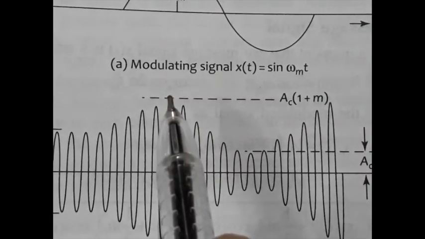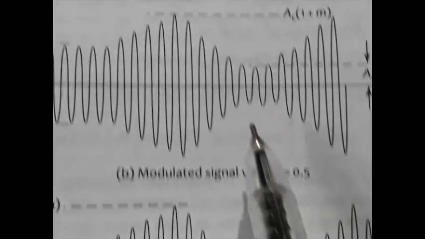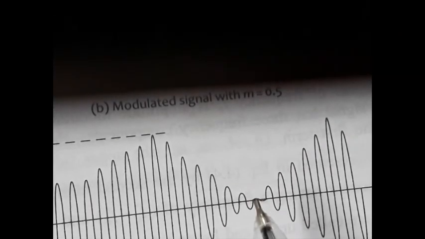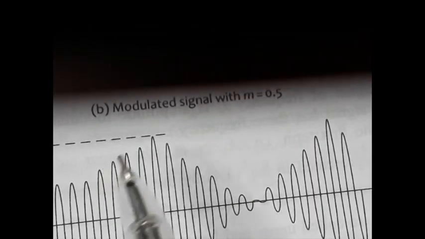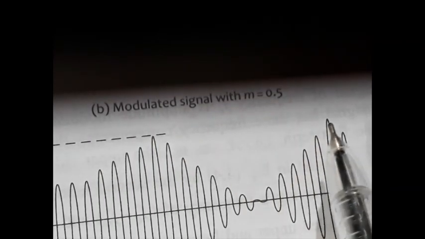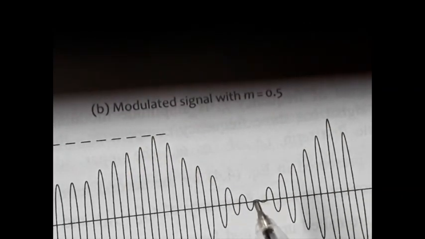This wider portion will be more wide and this narrower portion will be more narrow. So when x(t) max is exactly equal to Ac, then this narrow portion will be exactly 0, and this is the AM signal with modulation index equal to 1.